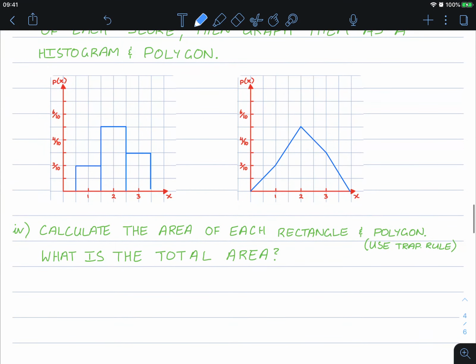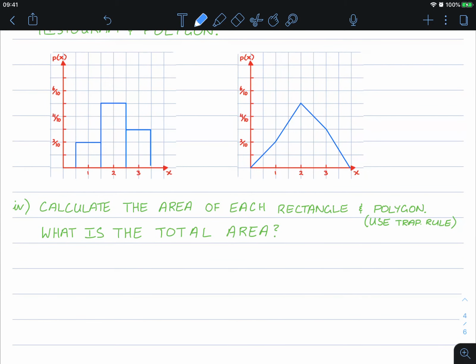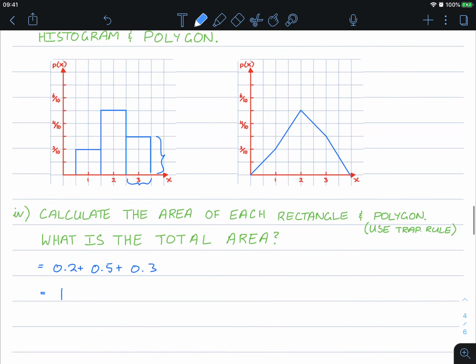You can probably guess that if we try and find the total area of this, the area would be 1 by 0.2 plus 1 by 0.5 is 0.5 plus 1 by 0.3 is 0.3, total of 1.